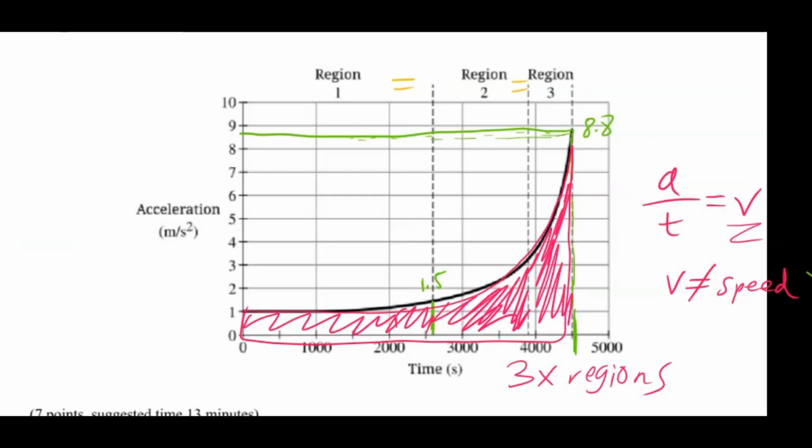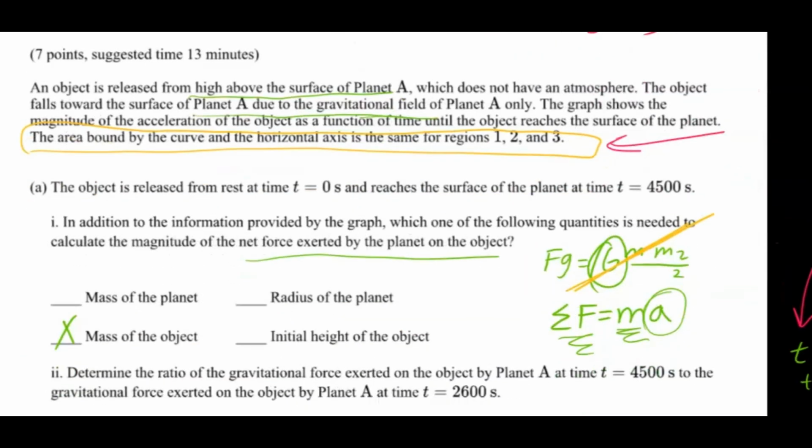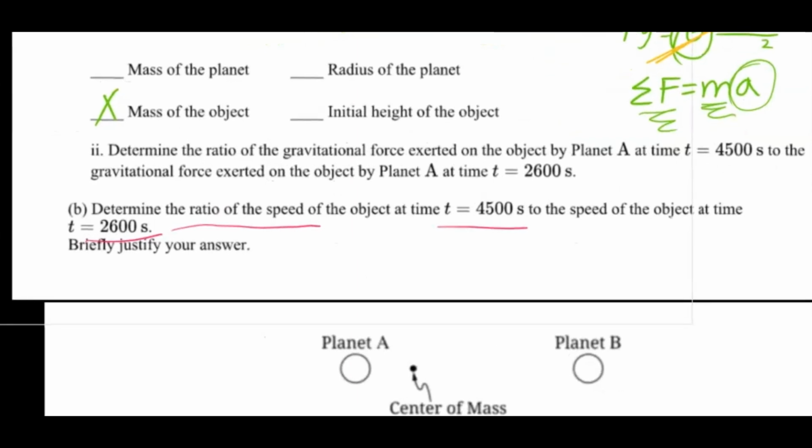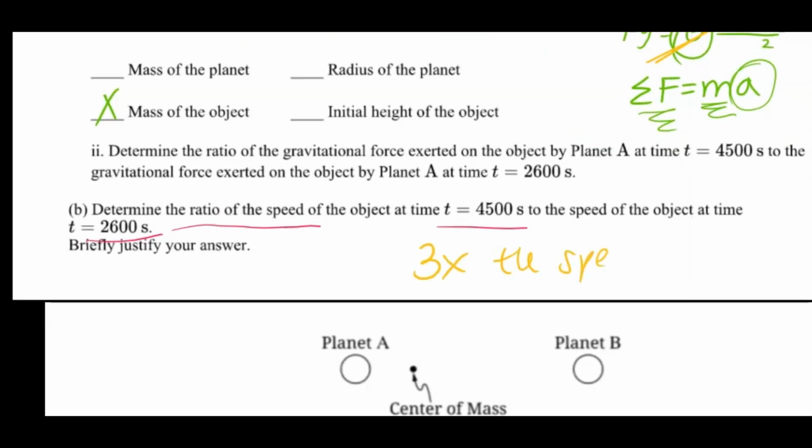That's for the 4,500 second one, whereas our 2,600 second one was only this first region right here. And so this first region is really just 1/3 of the 4,500 second region. So here we can write the answer as 3x the speed.